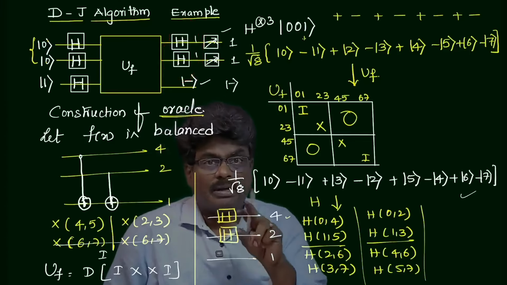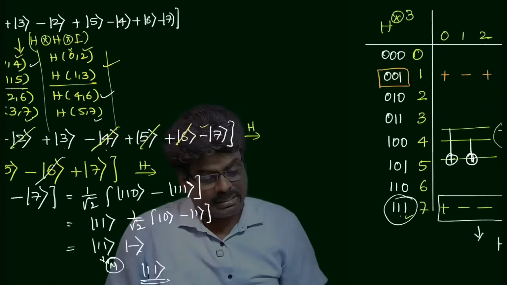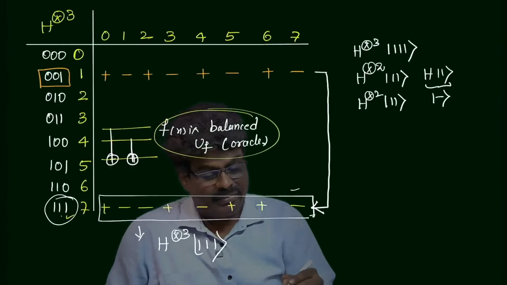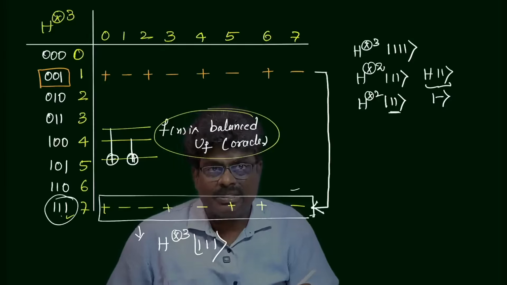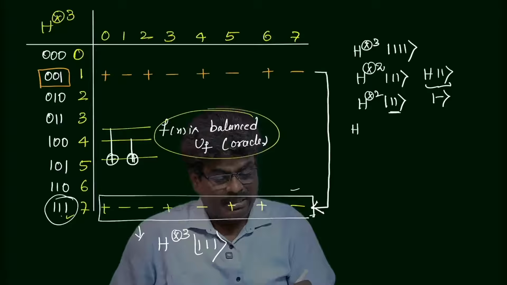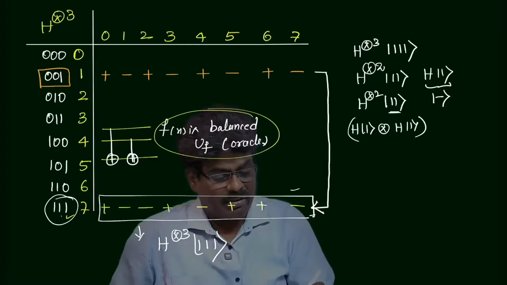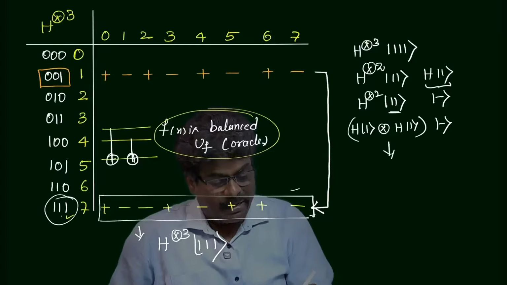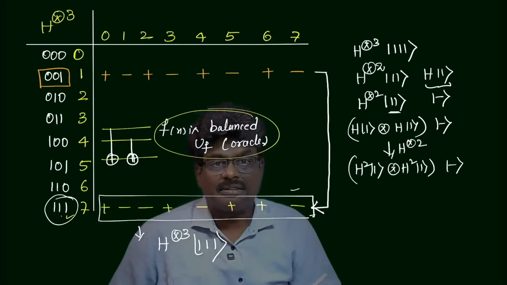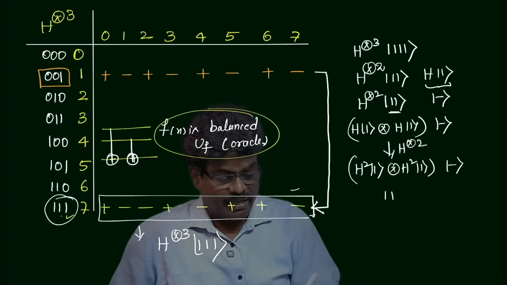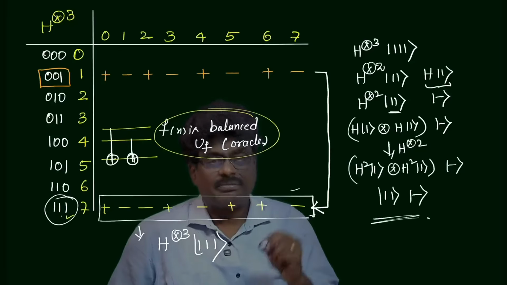I have to operate 2 Hadamard operators on the first 2 qubits, that is H tensor H on 1 1 minus. Now operating again the 2 Hadamard operators, that is H squared on 1 tensor H squared on 1, and this minus as it is. So this is identity. So again you will get 1 1 minus.